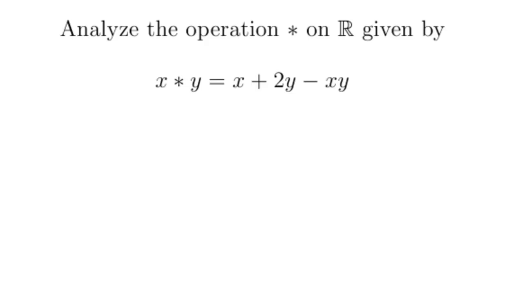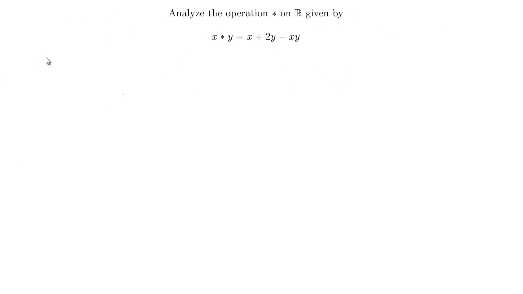Now that we know that, let's go ahead and see if this operation is commutative. Commutative means if we take any two real numbers, x and y, and we star them together in one direction, x star y, we better get the same thing as we get when we star them together in the other direction, y star x.